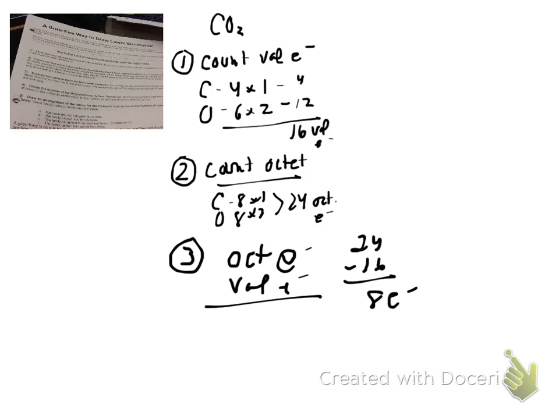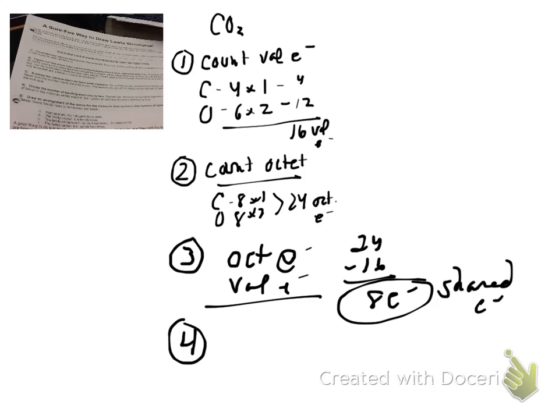Now, a single bond: how many electrons are involved in a single bond? 2. So these are the number of shared electrons that we've just figured out. If we take the number of shared electrons and divide it by 2, guess what that tells us?